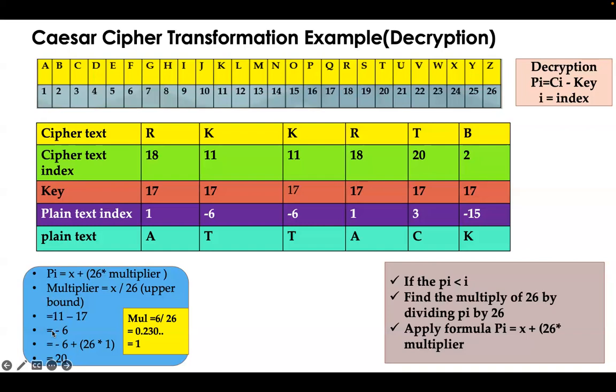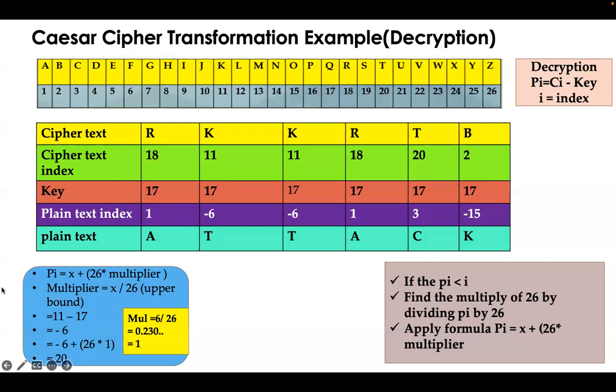And now we have to find out the multiplier of 26. How can we find it? We can find it from the index we have got, which is 6. We have to divide it by 26 because we have 26 index numbers in total. After dividing 6 by 26, we will find 0.230 and so on, which rounded up is 1. So our multiplier of 26 is 1.